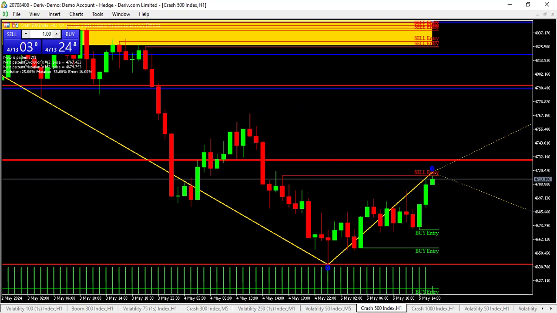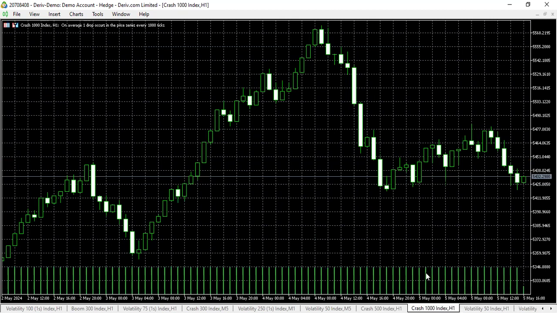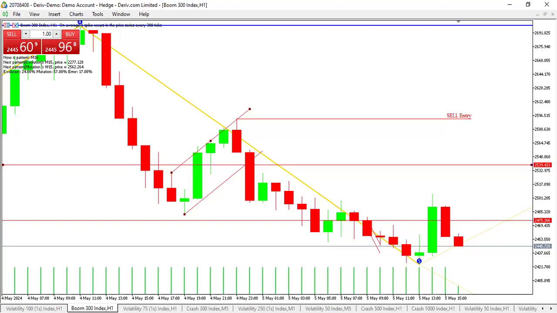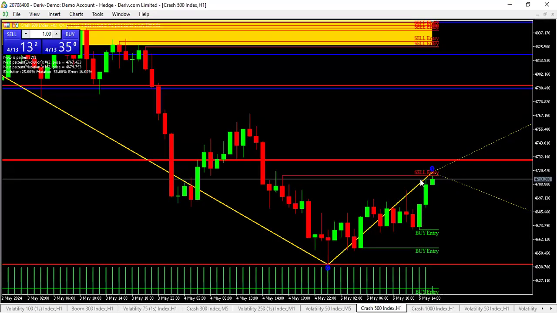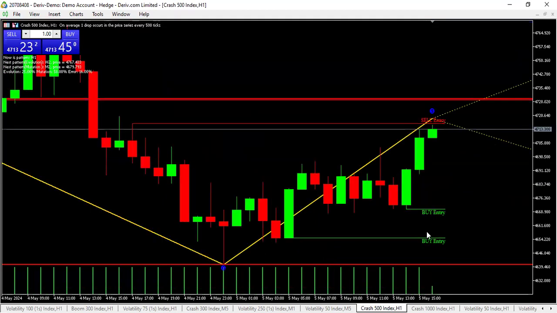Yeah, that's true. So I can even check on Crash 500, the previous H1 you were opening. It's the H1 indicating candle, it's a buy entry. And close to that level, it's now reaching the sell entry zone. Close to that node, you see the node that was given, a sell entry that was given by the system.